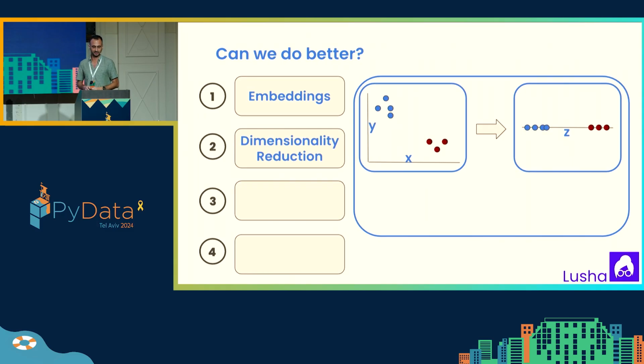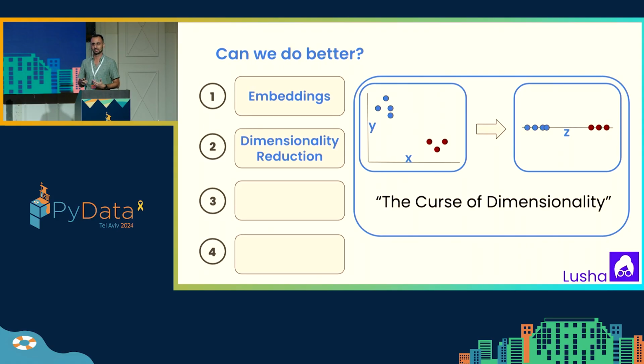The second step is dimensionality reduction. Dimensionality reduction is the process of taking data that is described by some number of dimensions, here 2, x and y, and describing it using fewer dimensions, here only the z dimension, while preserving as much information as possible. You can see that even using a single dimension, we can still tell that the blue dots are very similar to each other, but are very different from the red dots.